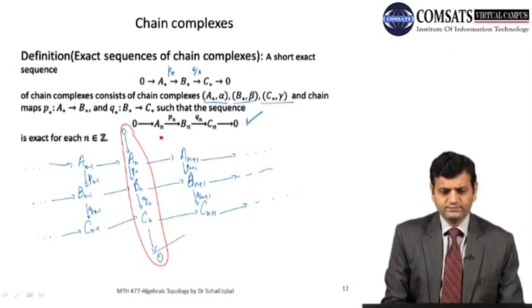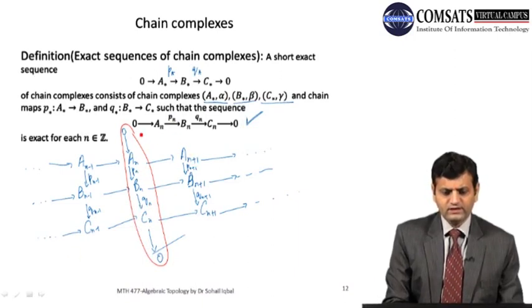So this part is a short exact sequence of modules if the image of Pn is equal to the kernel of Qn. Similarly, we have the condition for each and every n.